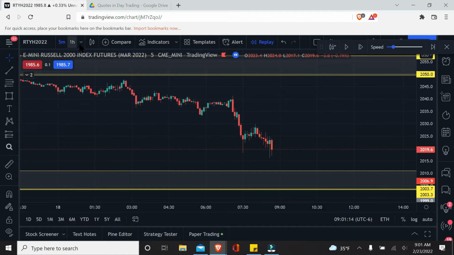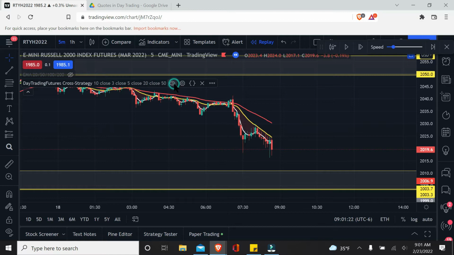Let's go ahead and put up our indicators. This is my indicator that I coded, but unfortunately TradingView will not let me publish it and make it public.